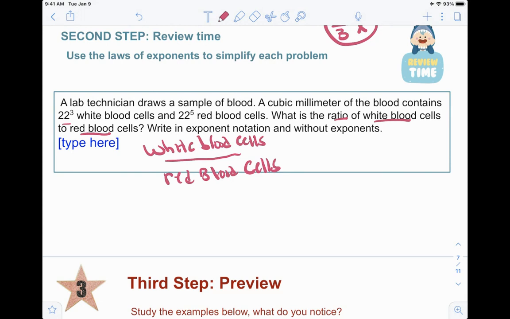Now the white blood cells right here are 22 cubed, and that's per cubic millimeter. And the red blood cells are 22 to the 5th power.